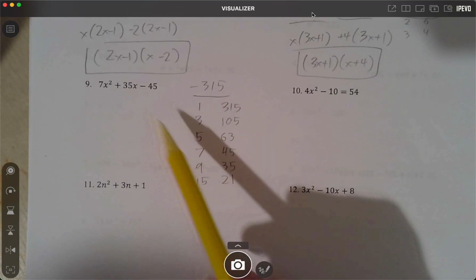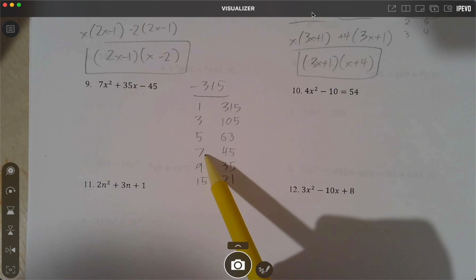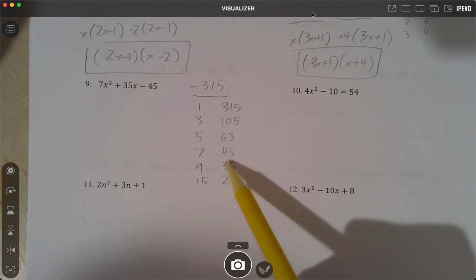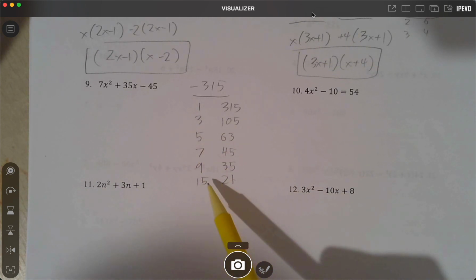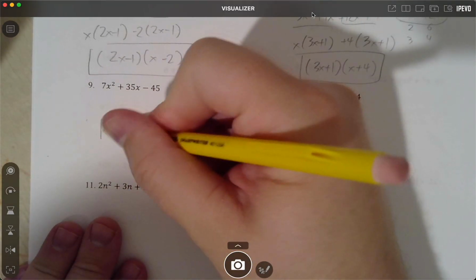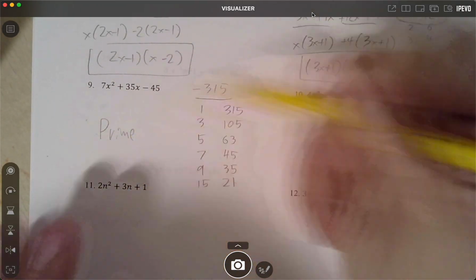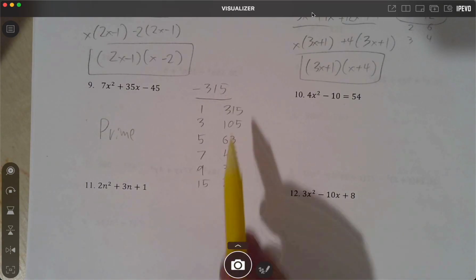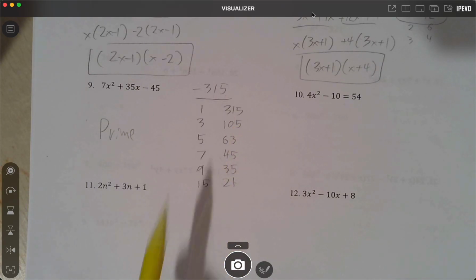We've skipped over 35. 35's not there. These subtract to 6. This is another example where it's prime. It's a bummer to go through that, especially when there were so many options, but if none of them subtract to make 35, then there's nothing left to do in this question.